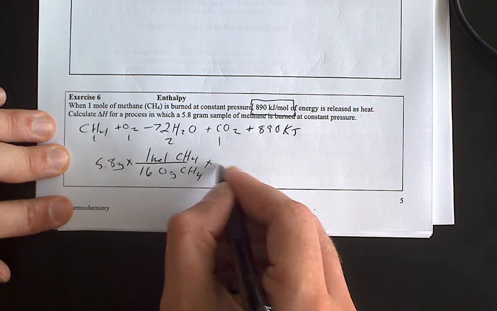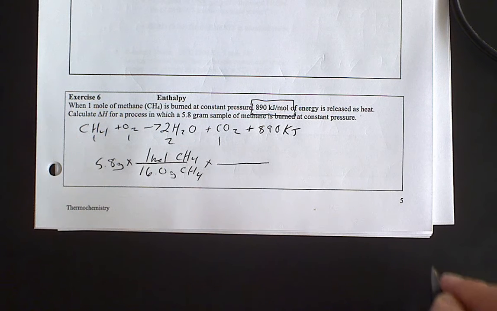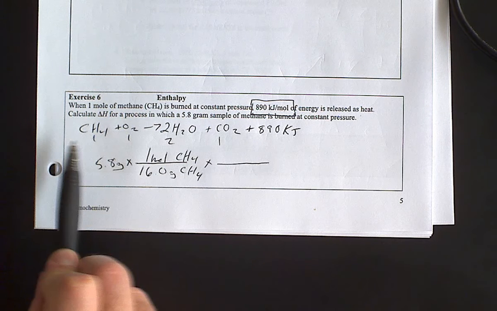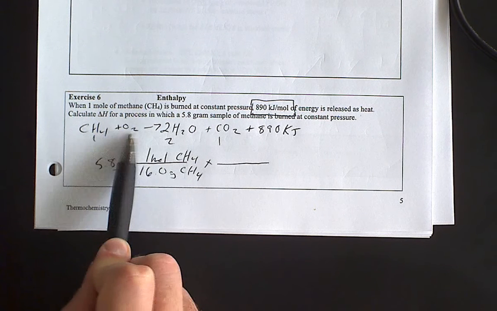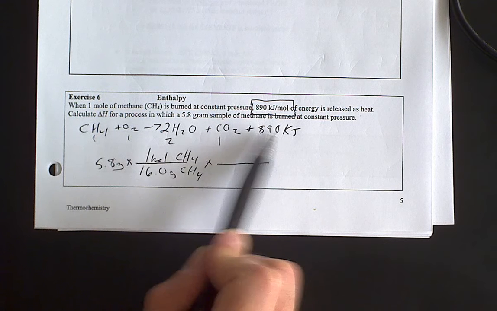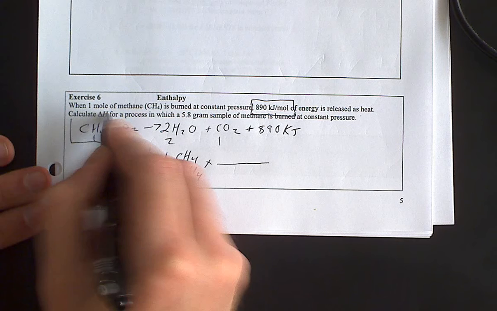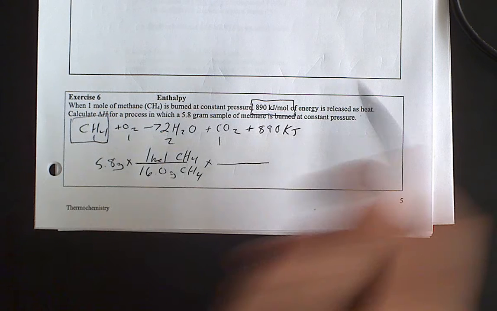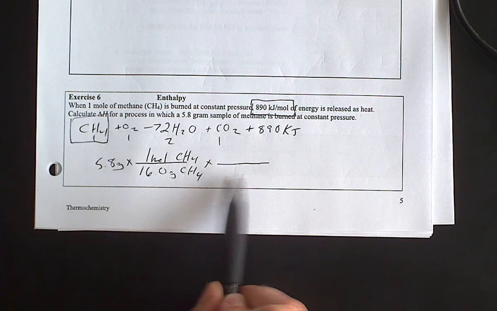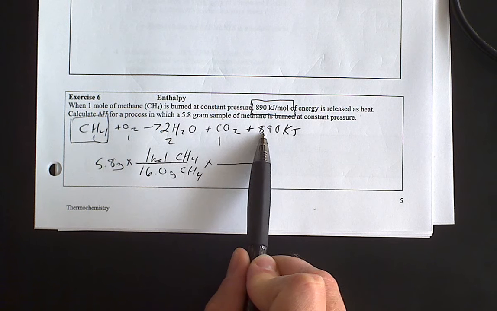Now, I want to make this clear here. This is an easy one because it's a 1 to 1 to 2 to 1 to 890. We still need to use the coefficients here. So if this was a 2 here, I'd be putting 2 moles of CH4 to 890 kilojoules.